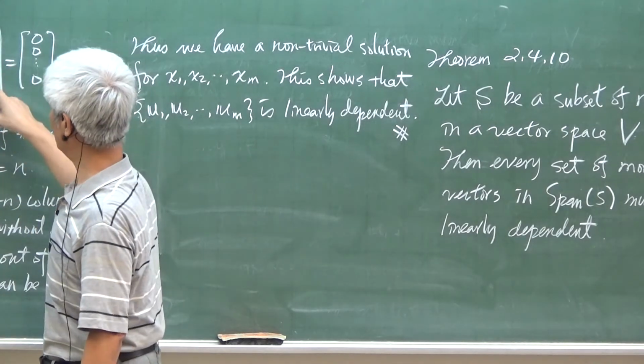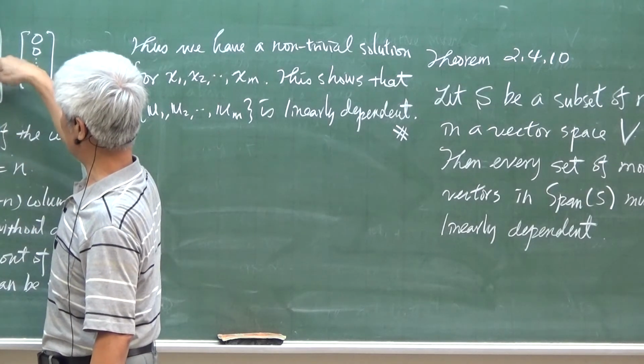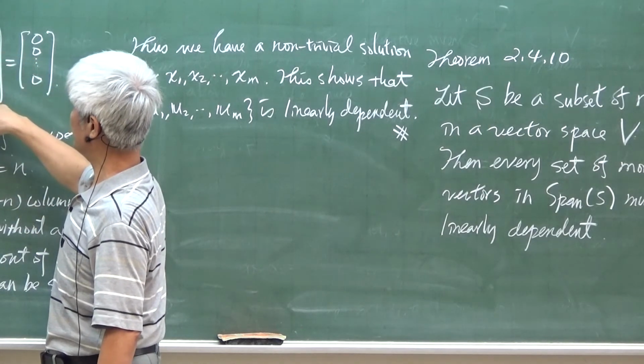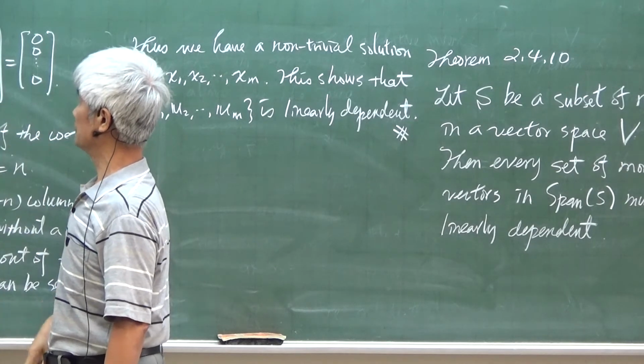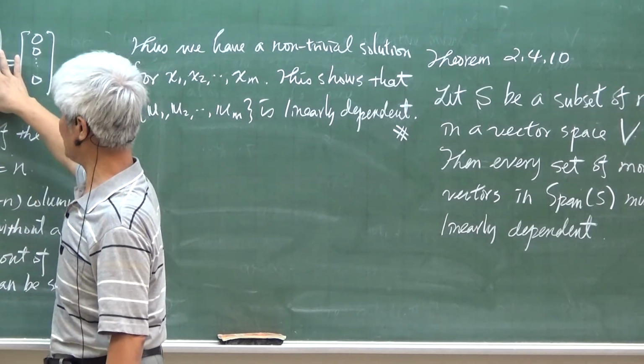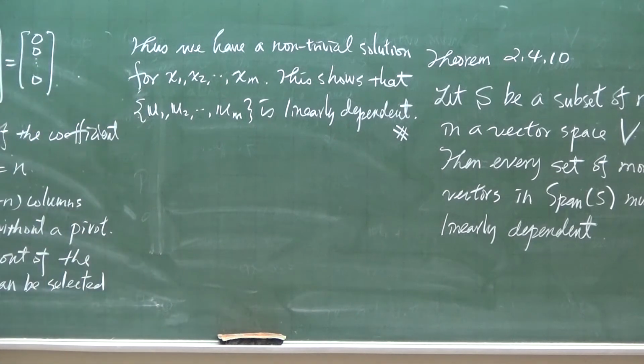Alright, so to find a non-trivial solution for the linear system, once we find such a non-trivial solution, then go back to here, everything is satisfied. So we will find a non-trivial linear relation. And then this set is linearly dependent.